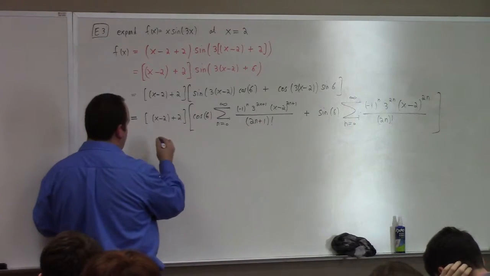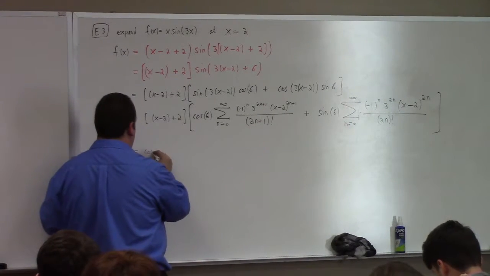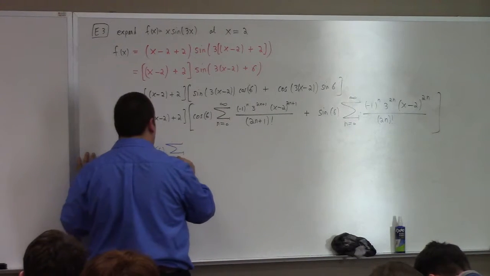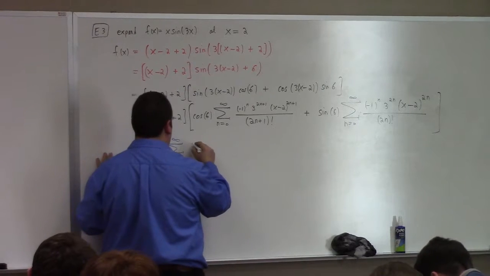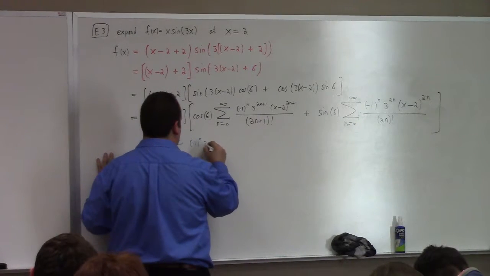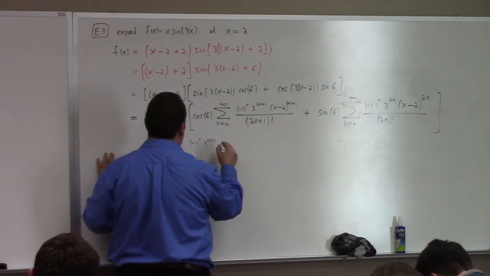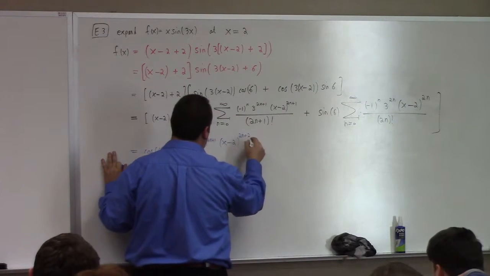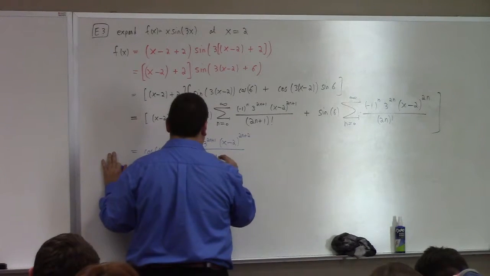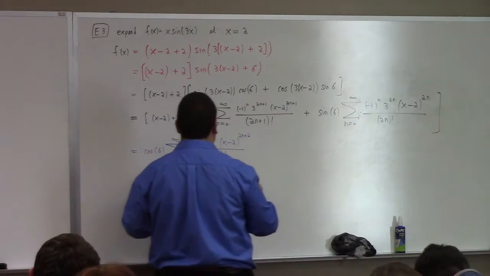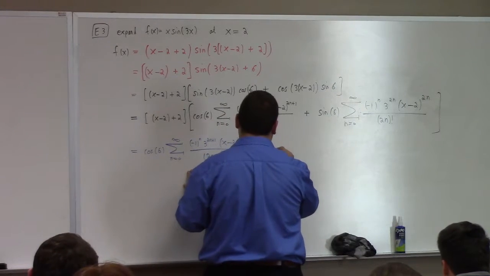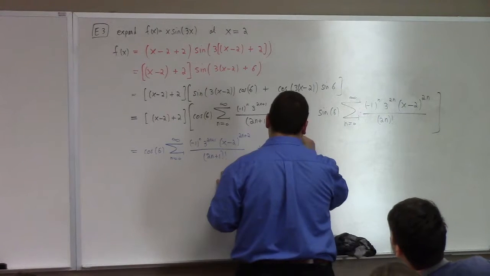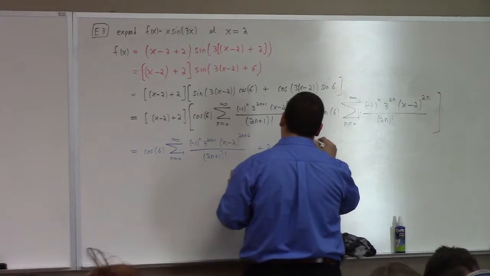All right, so we got cosine of 6 times the sum, n equals 0 to infinity, minus 1 to the n, 3 to the 2n plus 1, x minus 2 to the 2n plus 2, divided by 2n plus 1 factorial, plus 2 times the cosine of 6, the sum, n equals 0 to infinity, minus 1 to the n.